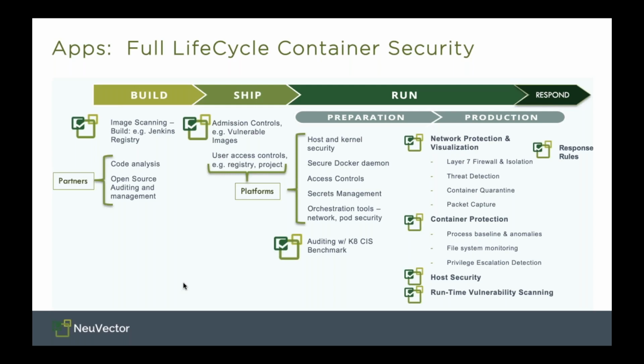From a security standpoint, we're going to look for integration points where we can integrate security into these phases of your pipeline. So in build, it's scanning during the build process. So for example, using a Jenkins plugin to do that, or once the images are put in a registry, a staging registry or dev registry, to scan those images at that point.